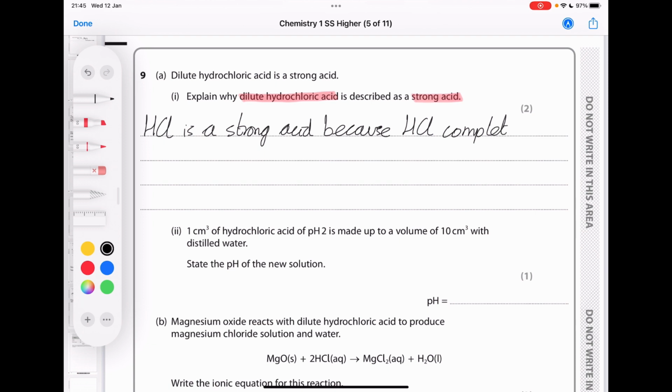That is a non-reversible reaction. It just happens and they stay split up. And the words we need are either ionizes or dissociates or splits up would be acceptable.